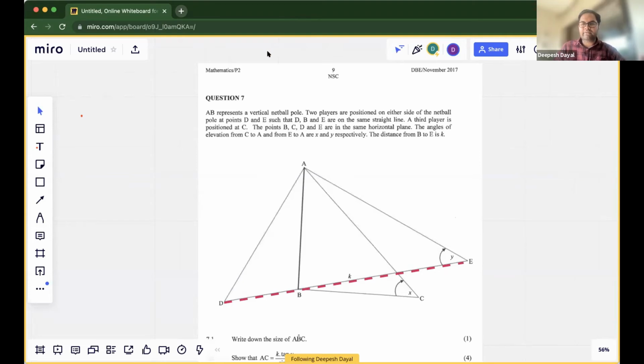Anybody has an answer for me? What is the size of angle ABC? ABC is this angle here. What is the size of that angle? Karen, Benedictus, Slindile, anybody have an answer?